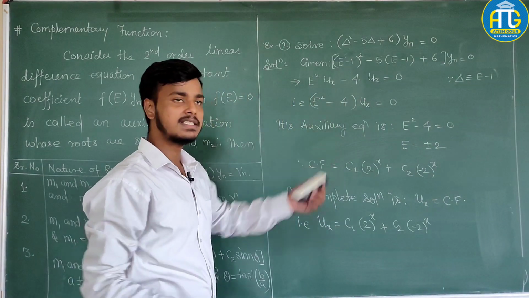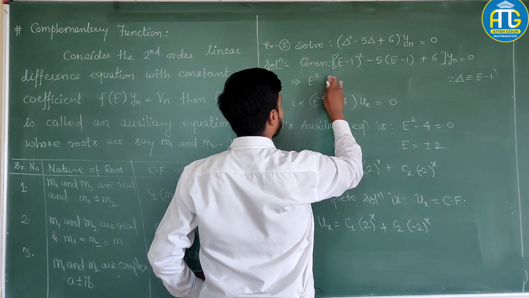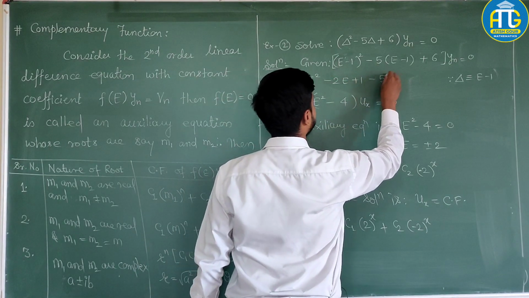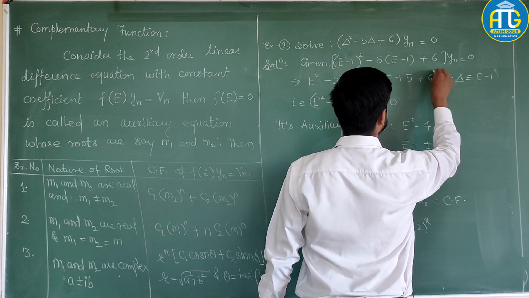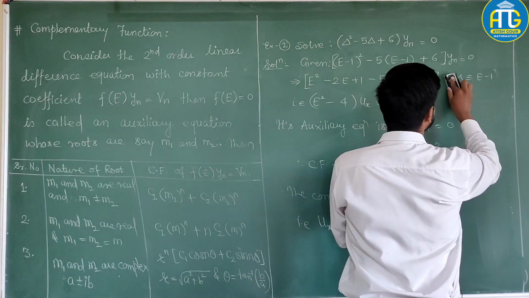Now solve this. When you solve this, you would get e square minus 2e plus 1 minus 5e plus 5 plus 6, operating on yn is equal to 0.